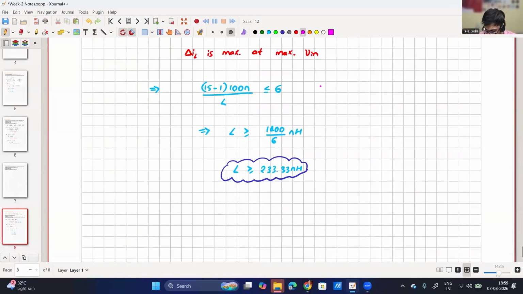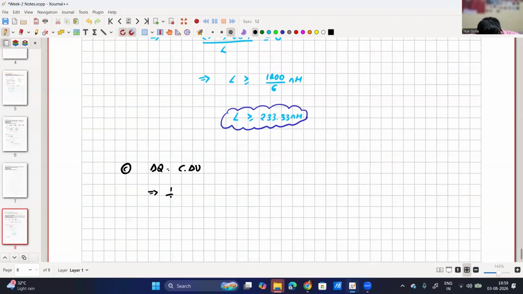And I'm not going to derive the expression, but we know that delta Q is equal to C into delta V, and delta Q is nothing but half into delta IL by 2 into time period by 2, T by 2, which is C into delta V. So now I can write C is equal to 1 by 8 delta V into delta IL into T.